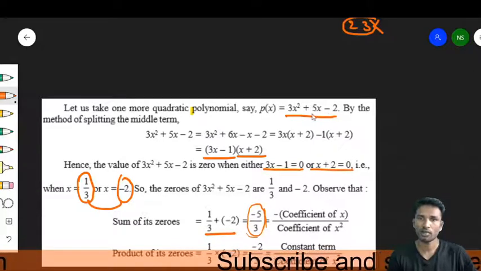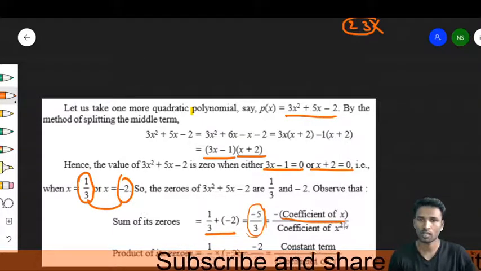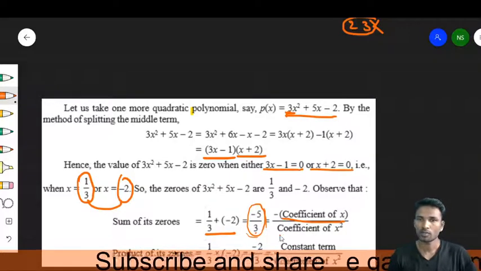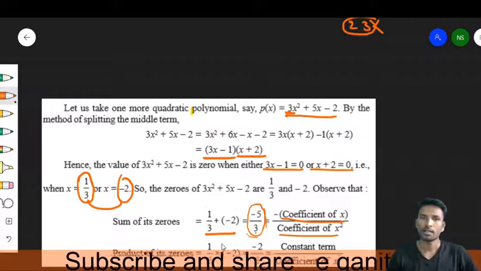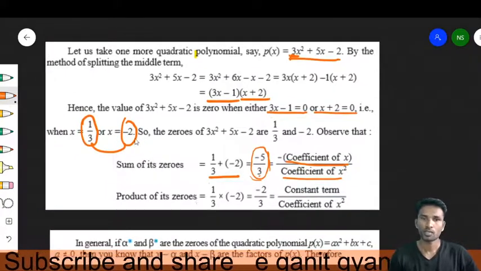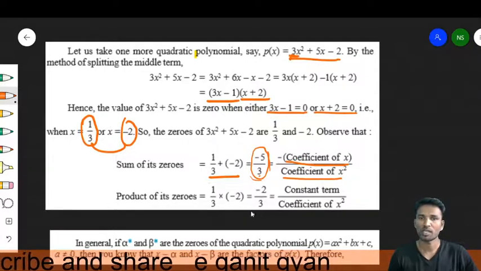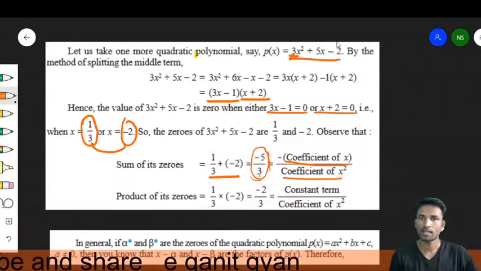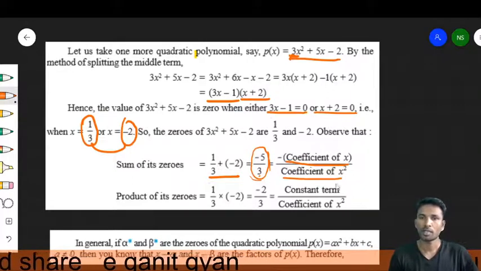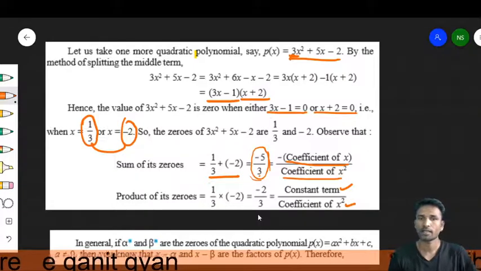Actually this 5 is the coefficient of x, so I wrote coefficient of x divided by 3, the coefficient of x square, with a minus sign. Then we have the product of zeros. If I multiply these two numbers, I get minus 2 by 3, which is the constant term in the initial polynomial divided by the coefficient of x square.